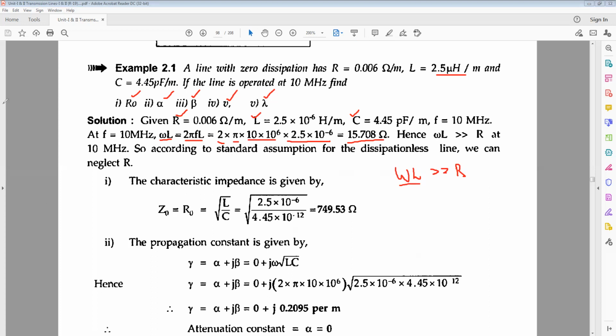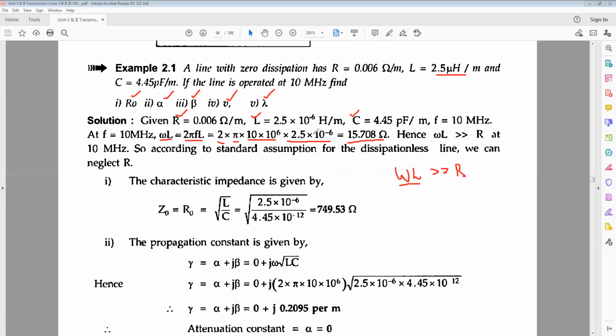So according to the standard assumption for a dissipationless or lossless line, we can neglect R. Then the characteristic impedance, that is R naught, is root L by C.